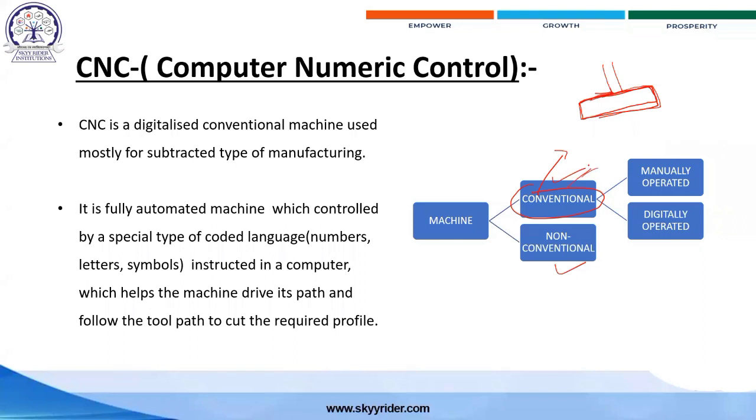Then we come to the non-conventional type of machine. This is a modern type of machine. If you want to remove material from the workpiece, the tool does not get direct contact with the workpiece.